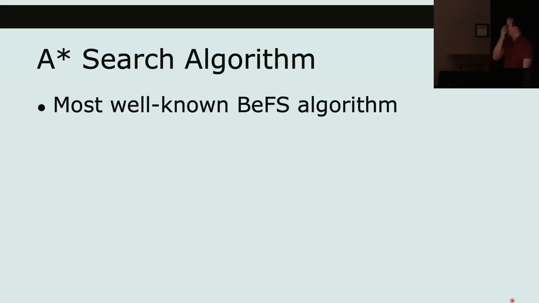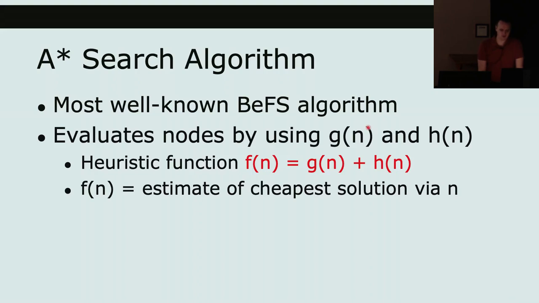A-star is by far the most well-known best first heuristic search algorithm. We are going to evaluate a node using both G and H. The function is f of n equal to G of n plus H of n. f of n is our estimate of the cheapest solution, total path, from a node n to the goal.